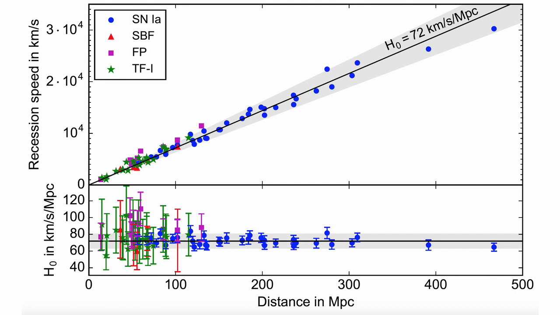And you can see that, yes, this is a linear relation. And there's no good alternative explanation that I know of why this linear relation should exist than what we've just derived very simply, and that is the Hubble relation.